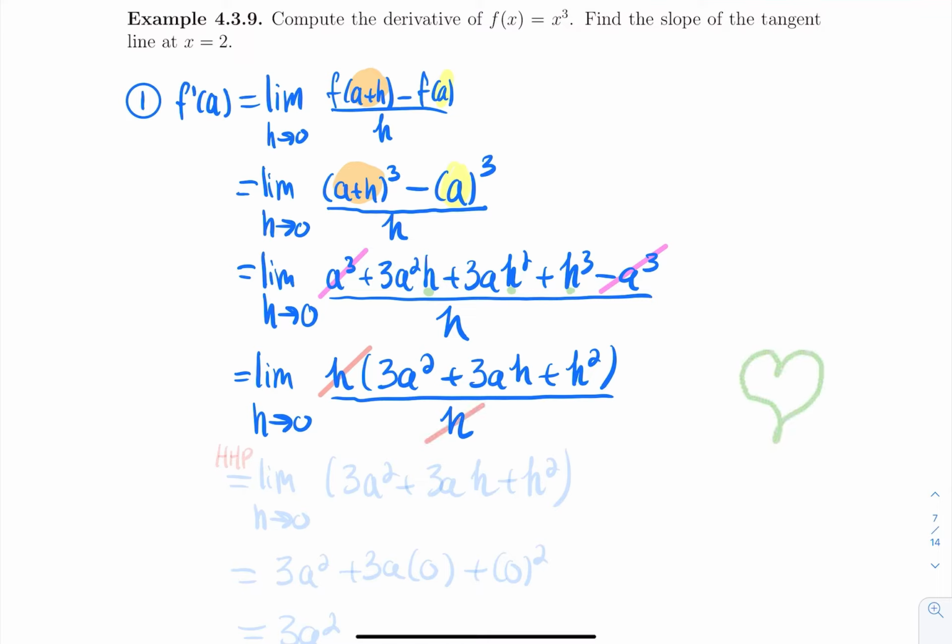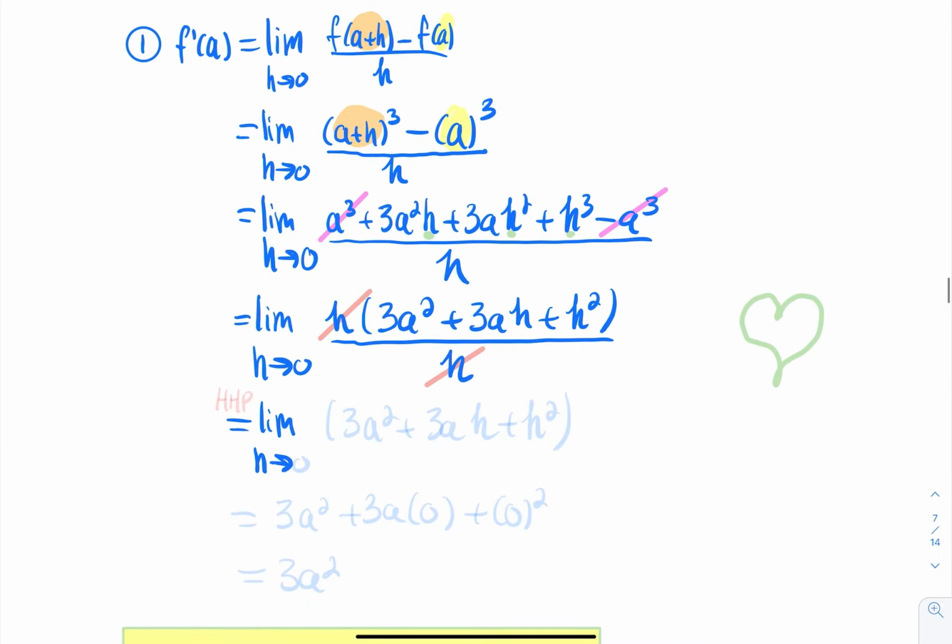So we're getting a brand new expression thanks to the old principle idea. You can simplify and cancel those h's. It creates a new expression, but this new expression will have the same limit, so everything is cool. So you get 3a squared plus 3ah plus h squared.